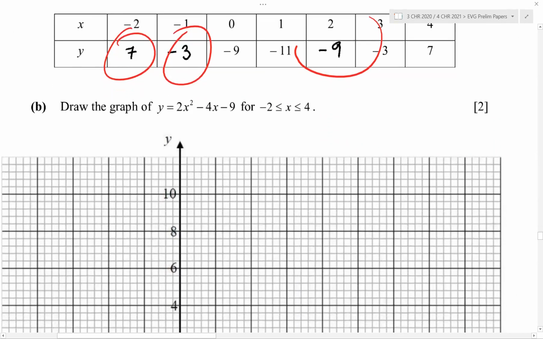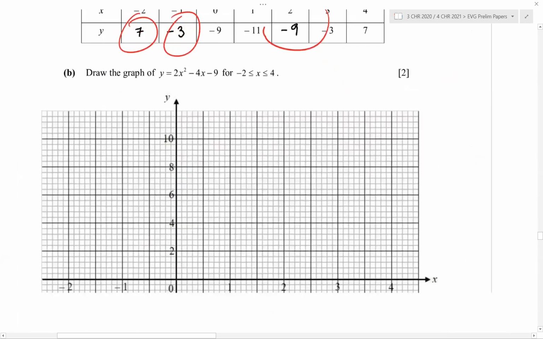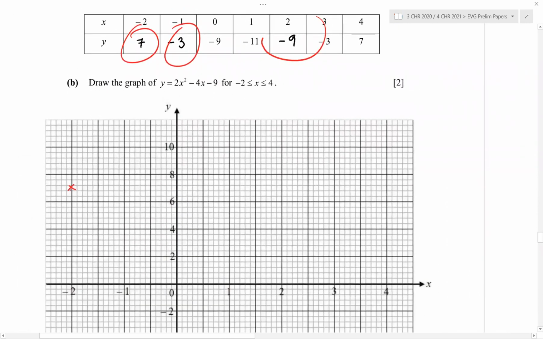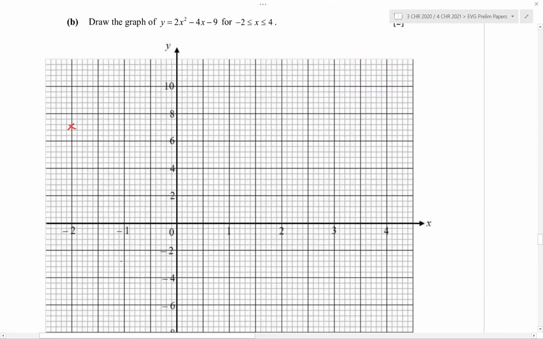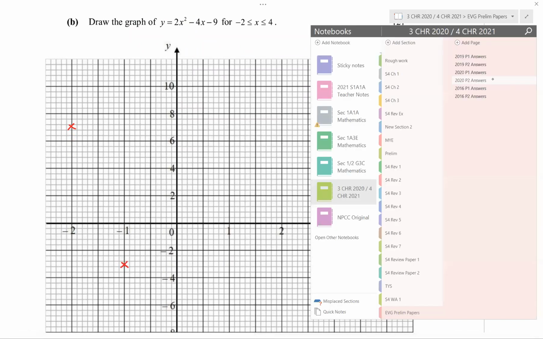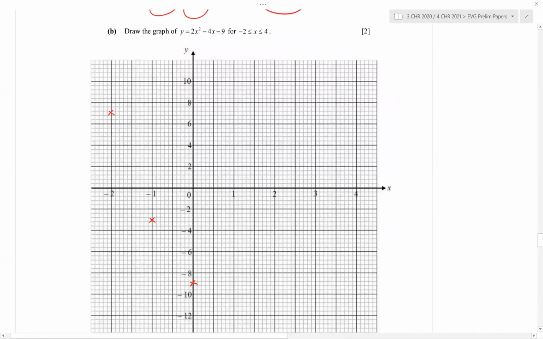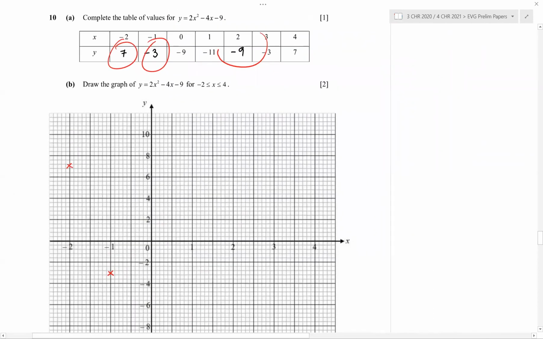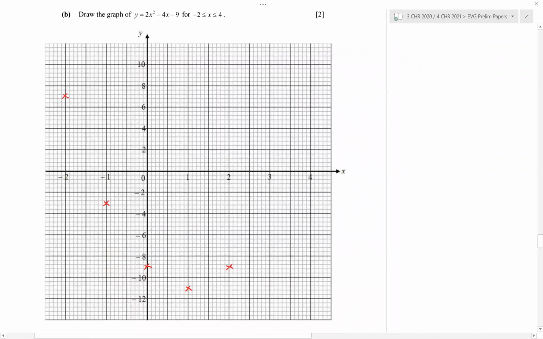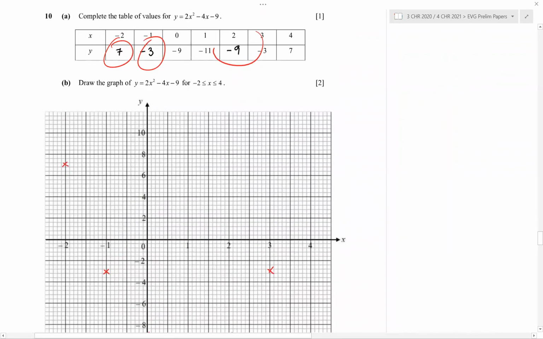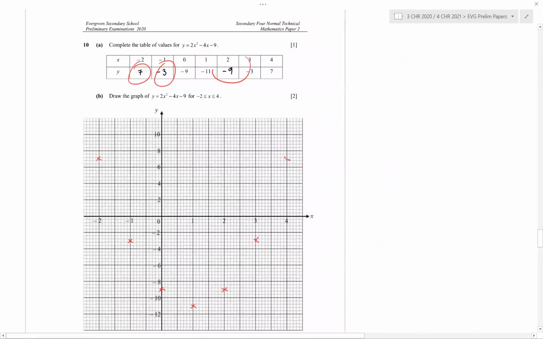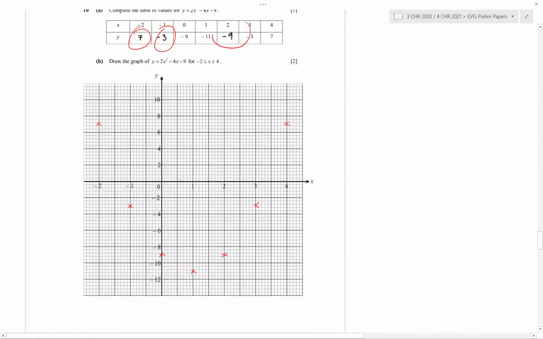Draw the graph. -2 and 7. -1, -3. 0, -9. 1, -11. 2, -9. Okay, join with a smooth curve.